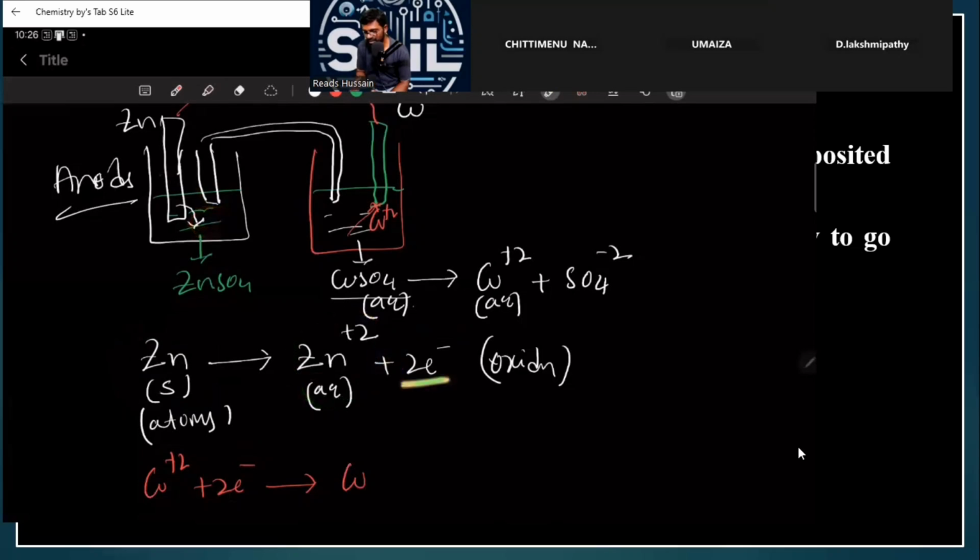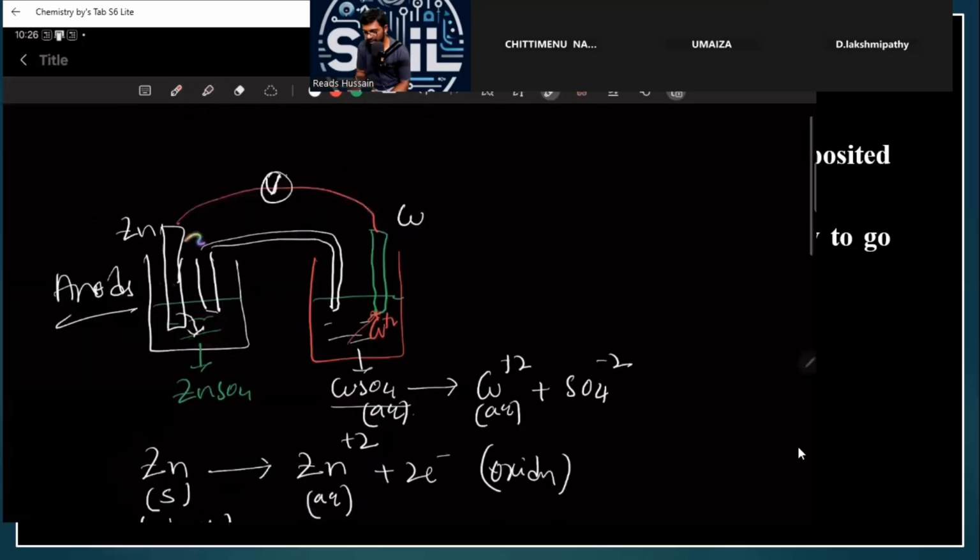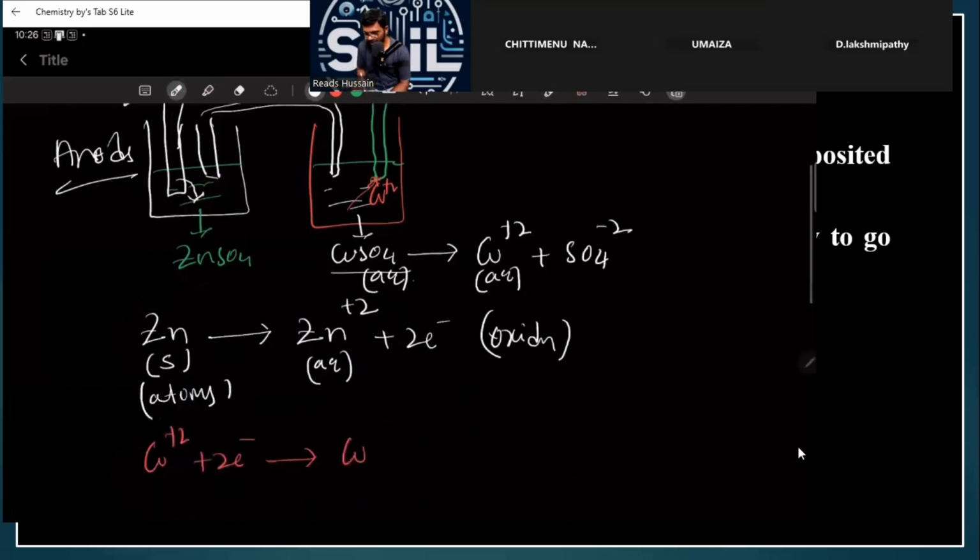These electrons move through the external wire towards the copper. There, the copper ions present in the solution get 2 electrons. You have to understand that these electrons are coming from the zinc rod.